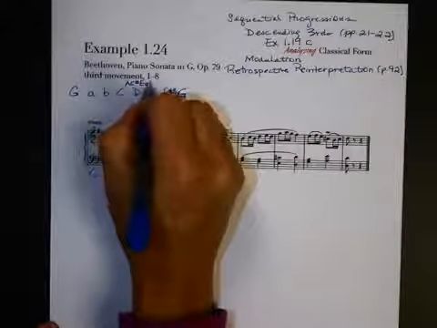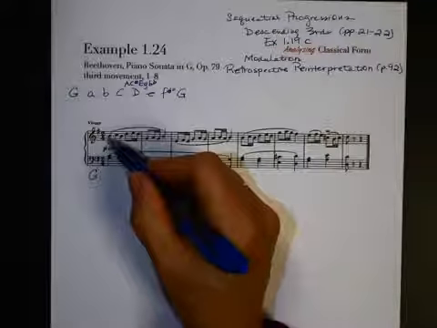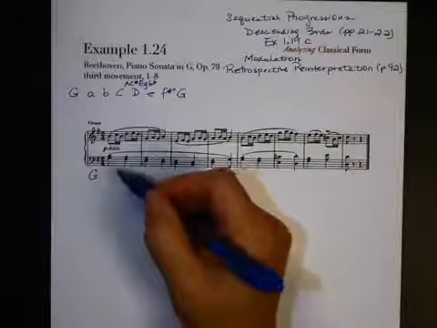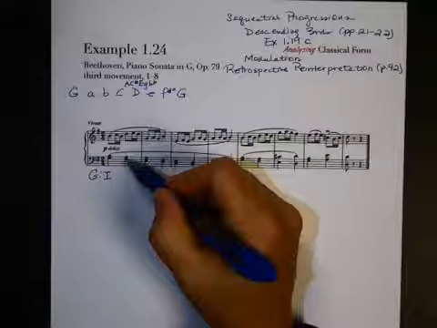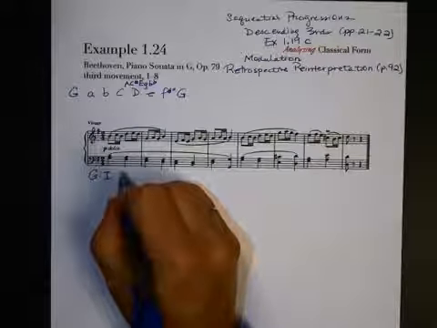To begin with, I want to do a standard Roman numeral analysis. So, G, B, and B in the melody, that's just the root and the third. There's no reason not to think that that's a 1 chord. F sharp, A, D, there's our 5 chord in first inversion.